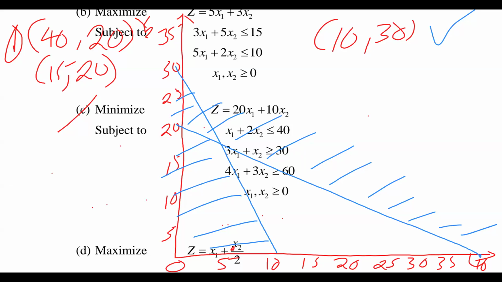Then the next one. Next one is 15, 20. Where is the wanted region? Greater. It's on the greater side. So the unwanted region is exactly this side. So which one is our wanted region?